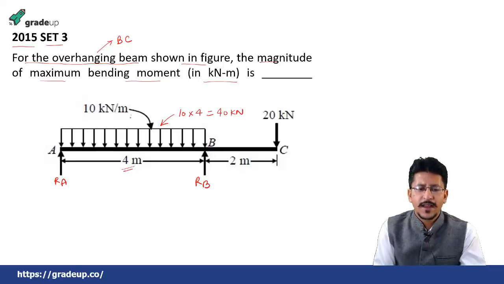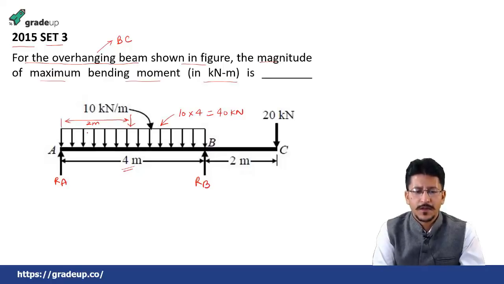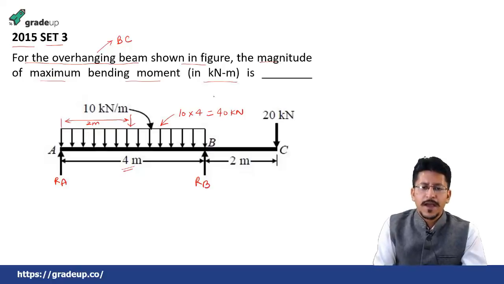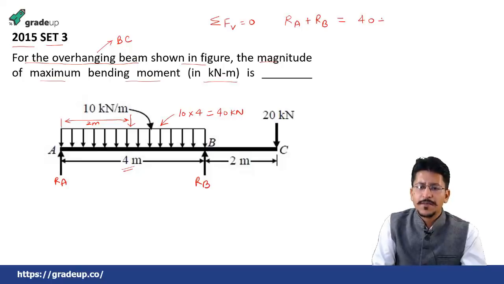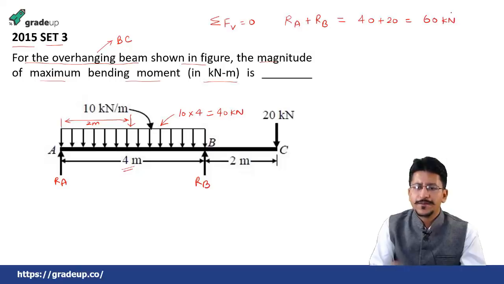And that will be acting at a distance of 2 meters from here. So by using the summation of forces in the vertical direction equal to 0, what we get? RA plus RB, that is acting in the upward direction, equal to acting in the downward direction is 40 plus 20, that is 40 plus 20 equal to 60 kilonewton.